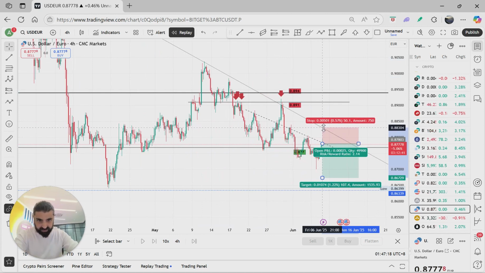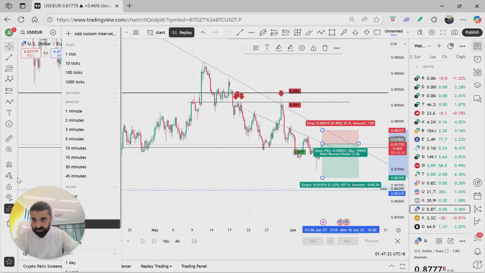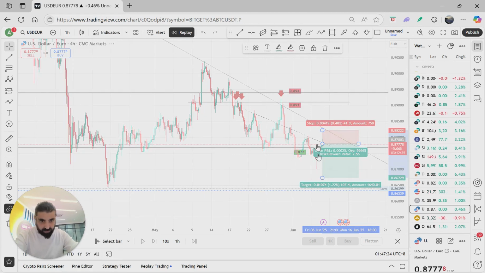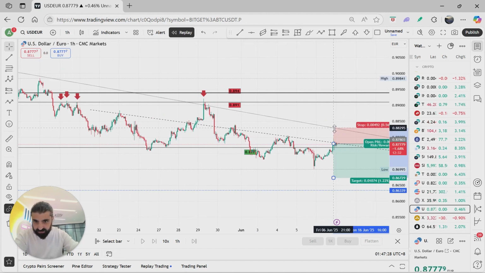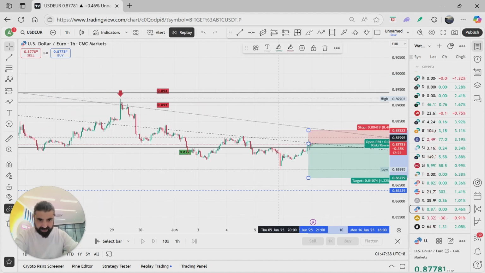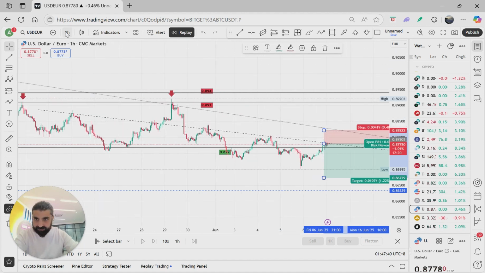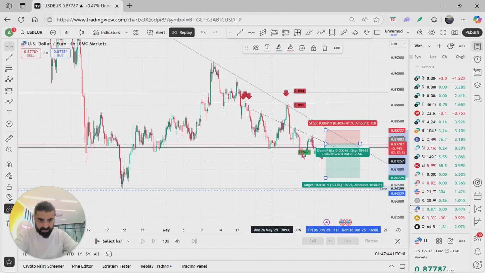And this is going to be our stop loss. But I don't expect the stop loss to hit, right? Yep, let's go back to the 4-hour chart.